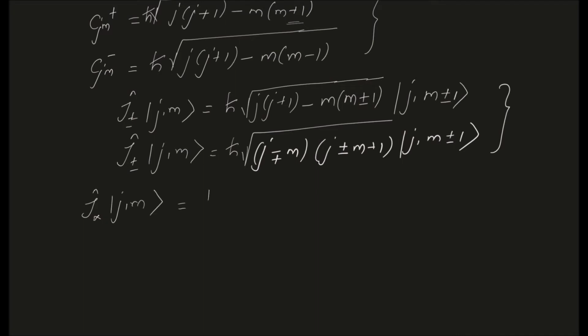We have seen in the previous class that Jx is half of J plus plus J minus.